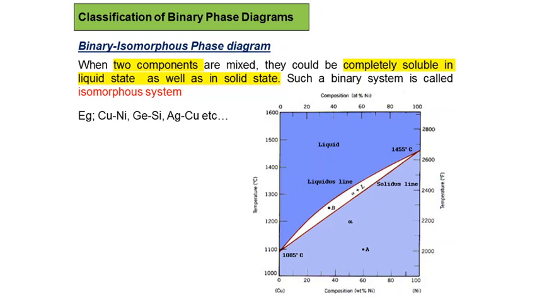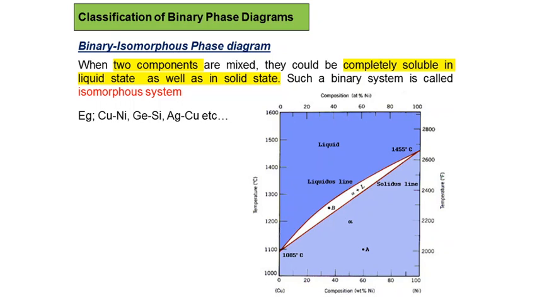So copper can be completely dissolved in nickel, and nickel can be completely dissolved in copper in its liquid state as well as in the solid state. What actually is meant by this term, liquid state and solid state, is that when we are heating the material, copper as well as nickel above its melting point, in the molten state these two are completely miscible.